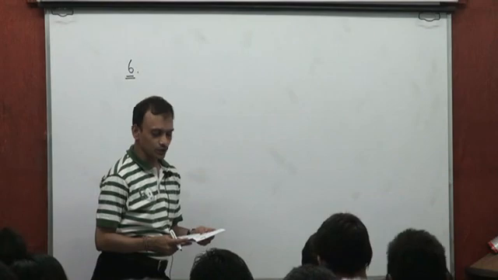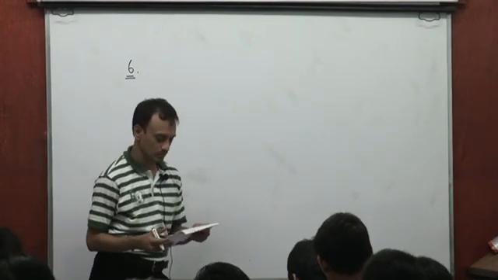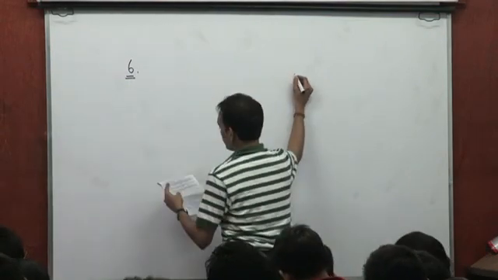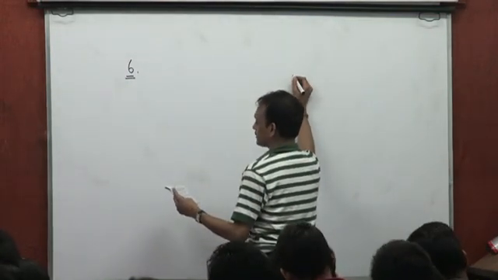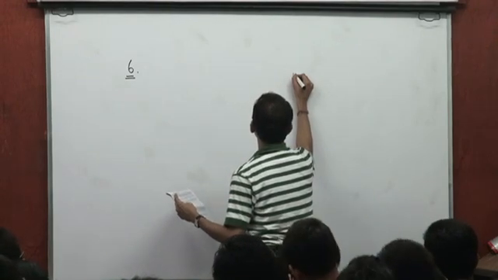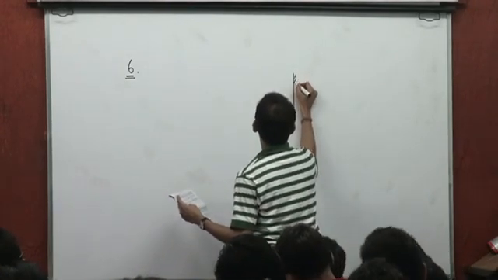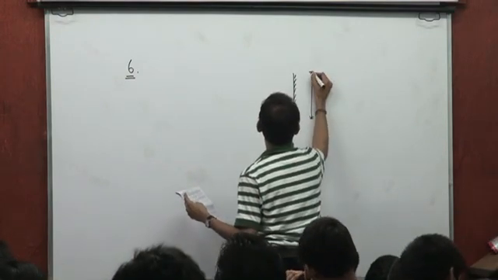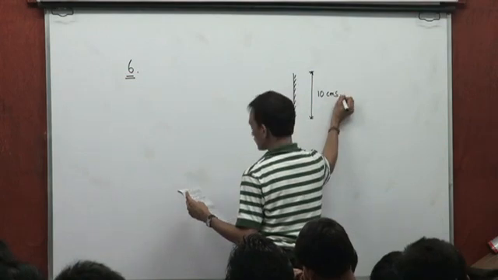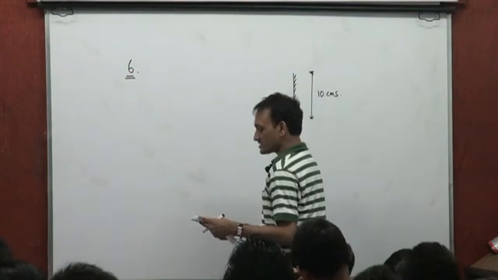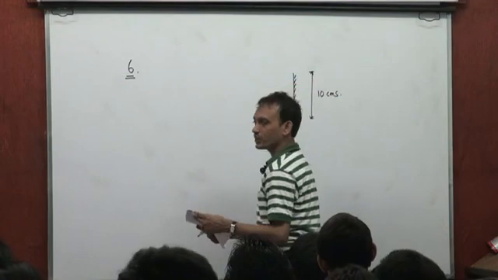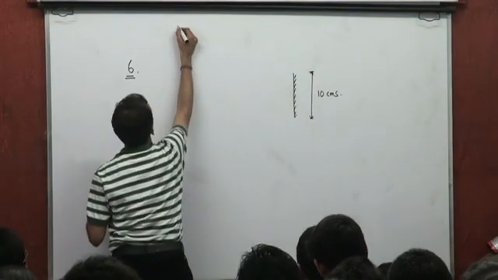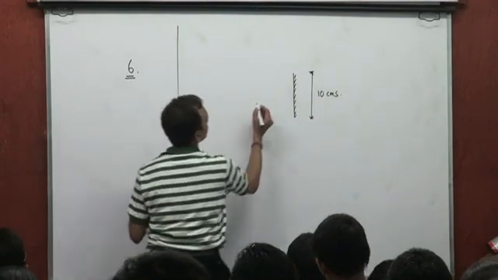A person is standing in a room of width, that means length or whatever, 200 centimeters. A plane mirror of vertical length 10 centimeters is fixed on a wall in front of the person. This is the wall.